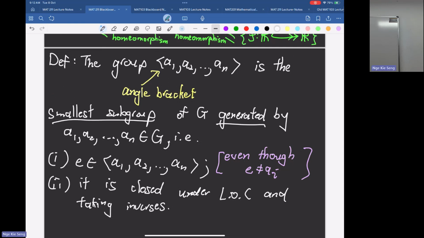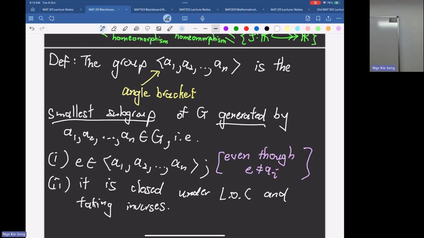Yeah, good. If you take two elements and compose them together, the result will stay inside the group. So all the compositions of a1, a2, up to an will stay inside this set. Closed under inverses means if you take the inverse of this element, it will still stay inside. So you need to do a repeated step.